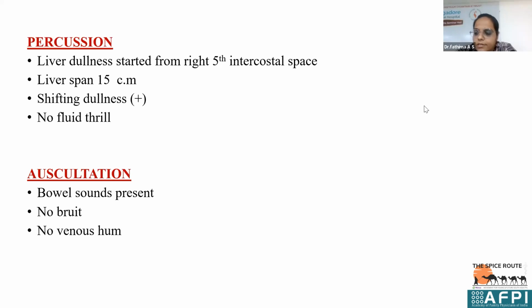ACLF means there is an underlying, either detectable or undetectable, liver disease going on, and there is an acute event happening over a period of 4 weeks. In this group of patients, they usually present like this: they are drinking continuously, they develop acute alcoholic hepatitis, which can present with fever, abdominal pain, and hepatomegaly.